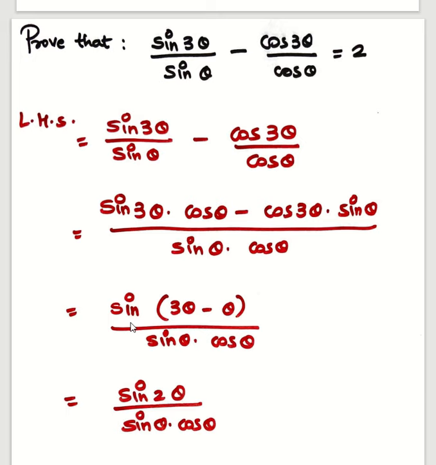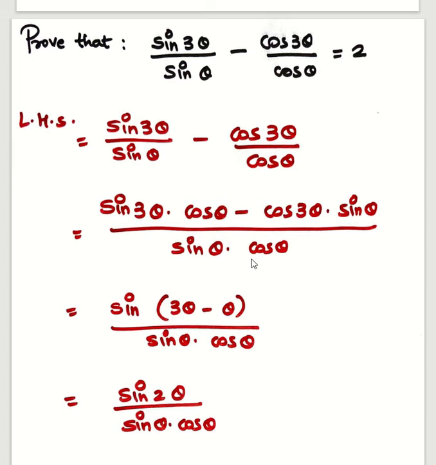In the first term the denominator is sine theta, and in the second term the denominator is cos theta. So cross multiplication, or you can say LCM. It becomes sine of 3 theta multiplied with cos theta, minus cos of 3 theta multiplied with sine theta, and the denominator will be sine theta into cos theta.